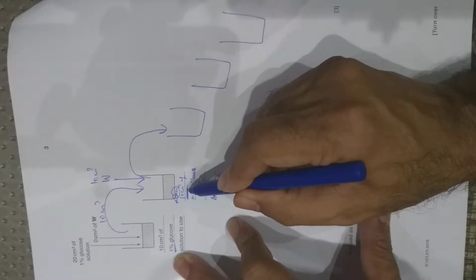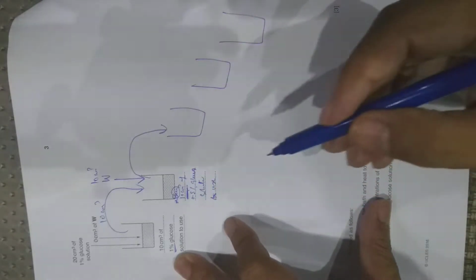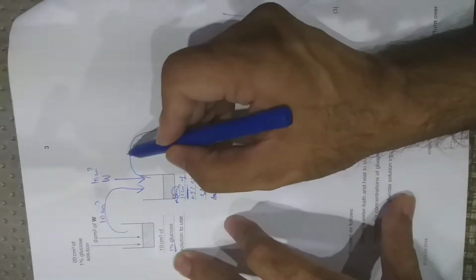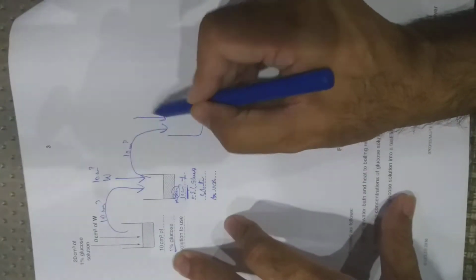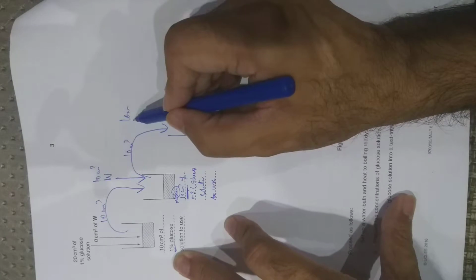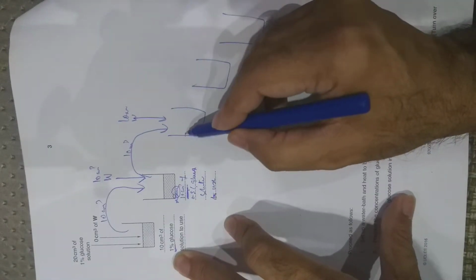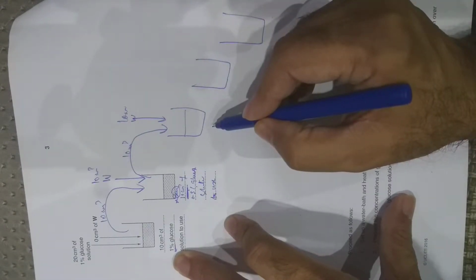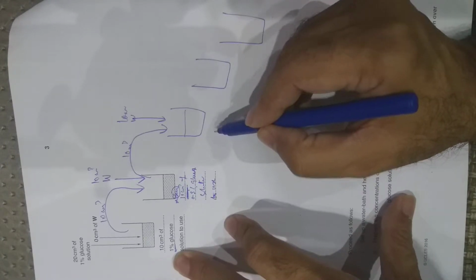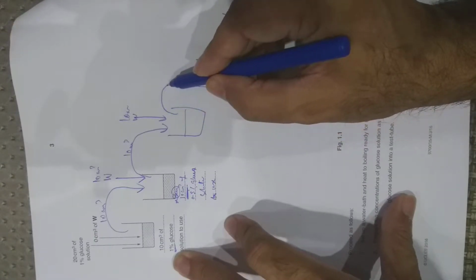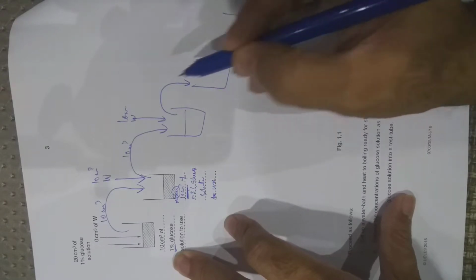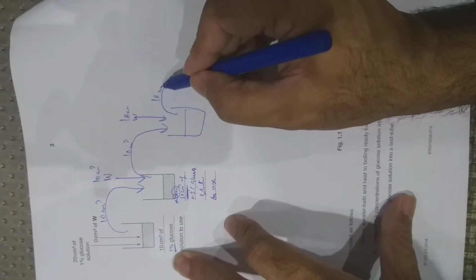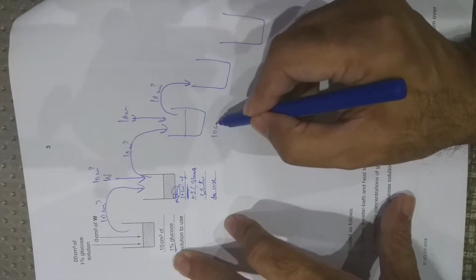I'll write 10 cm cube instead of 20 cm cube. Similarly, 10 cm cube from this beaker into this, and 10 cm cube distilled water added into it will make a total volume of 20. I will not write 20 here, because I will take 10 cm cube from here and add it into the next beaker. So remaining will be 10 cm cube.